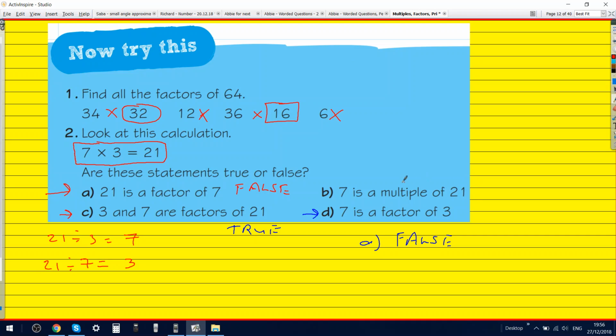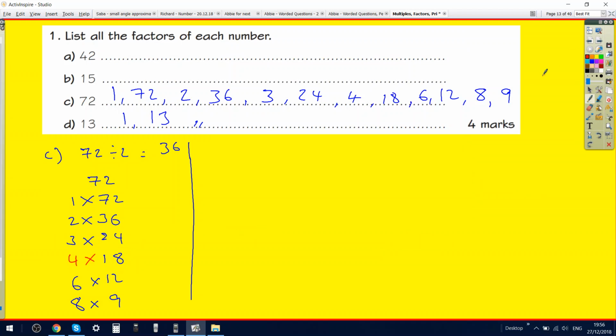So 7 isn't in the 21 times table; it would be the other way around. So 21 is a multiple of 7, or 7 is a factor of 21. Oh, okay. That's how that works. Oh, I think I get it now.